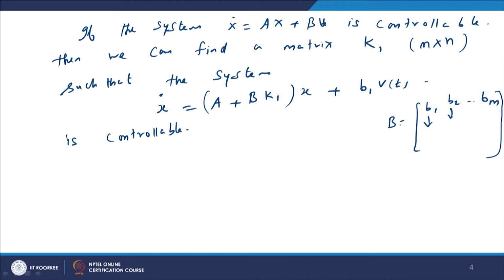So, system 2 is controllable, already it is done, and we have a matrix K1 also.